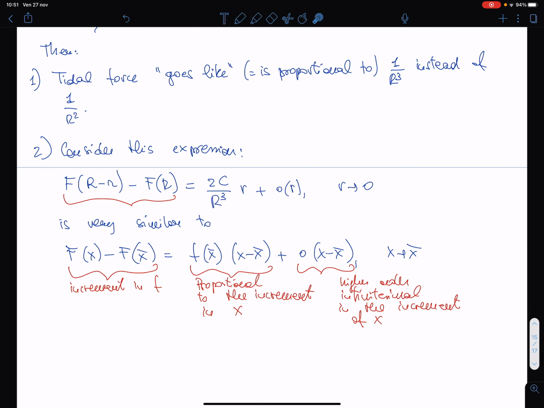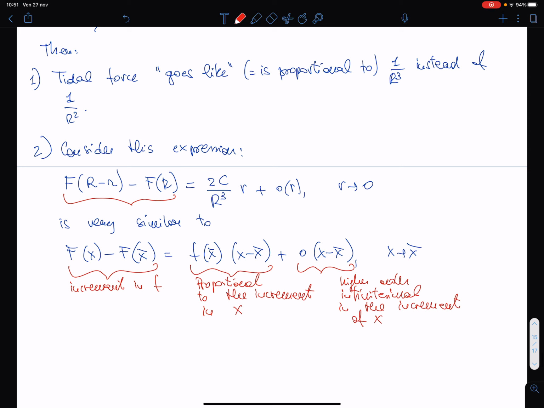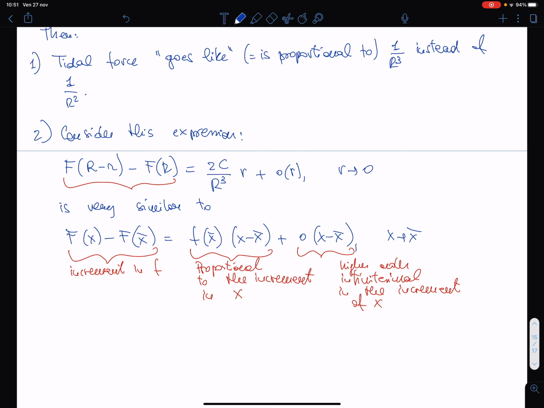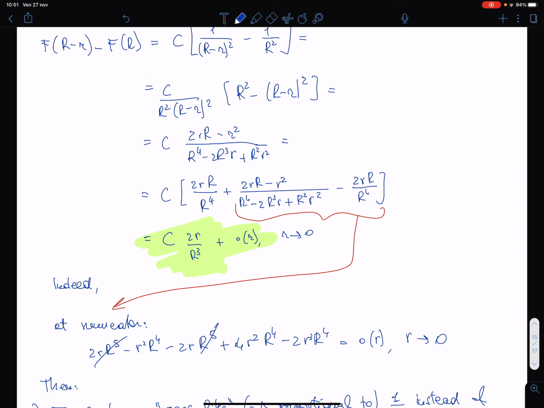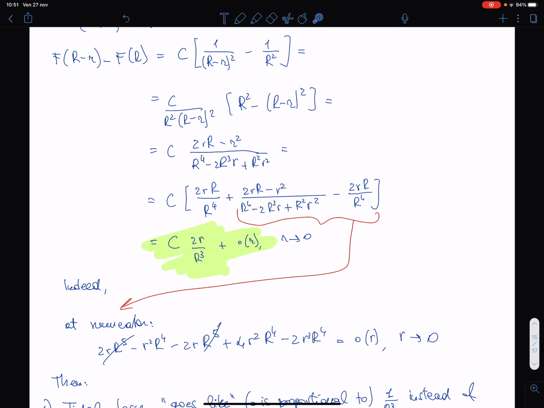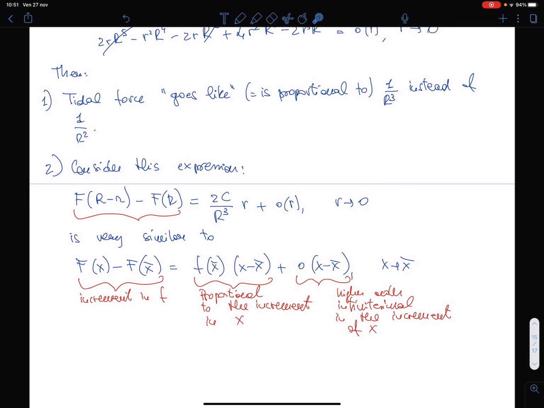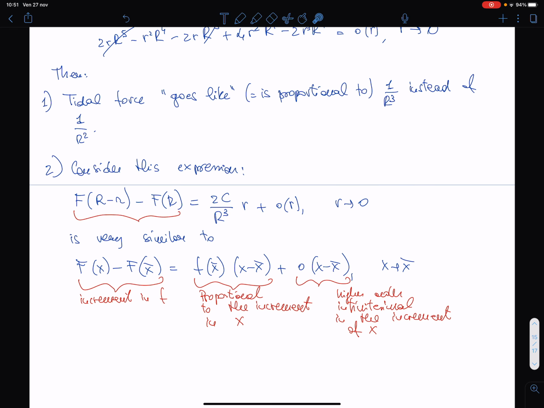So going back to tides, you can be a bit puzzled by the appearance of this C here. I wanted to put this C here in order to talk about forces. You are more familiar with forces, but probably it should have been more correct to talk about acceleration.